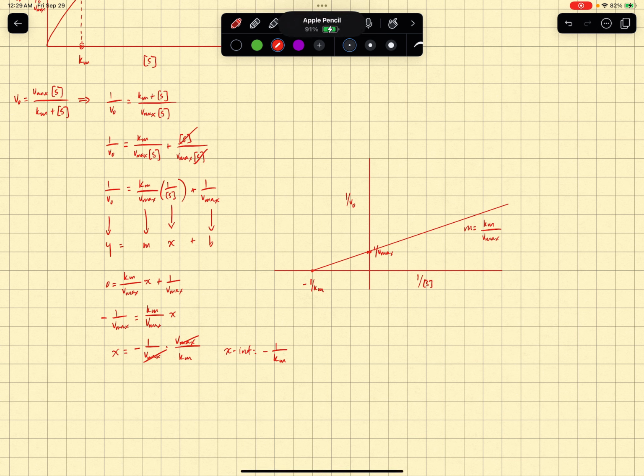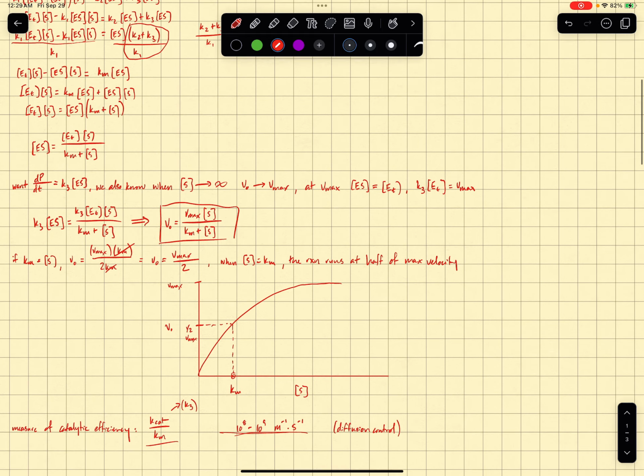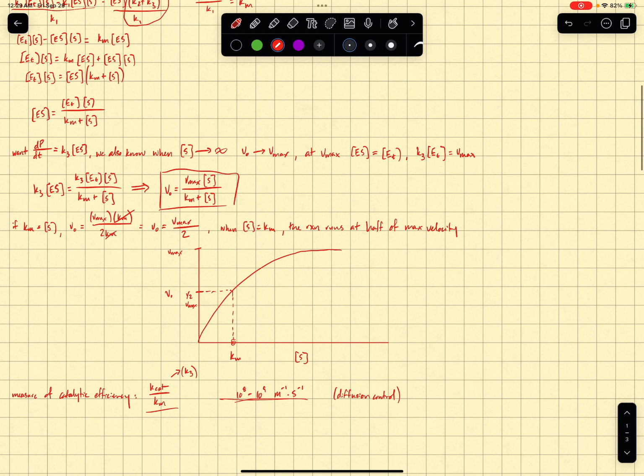So I hope that made some sense, and I hope it clarified some things about this topic. The more time you spend doing it and looking at this will help a lot. I would practice, especially focusing on this type of logic, just the steps that got me from here to here, and eventually the actual equation.